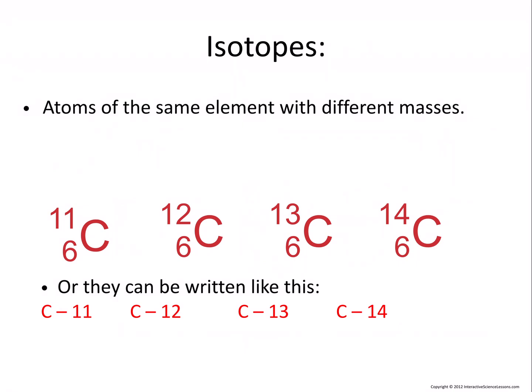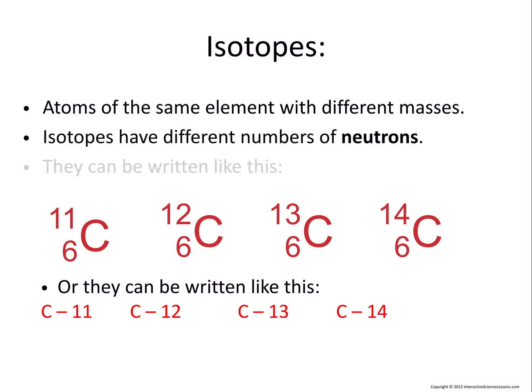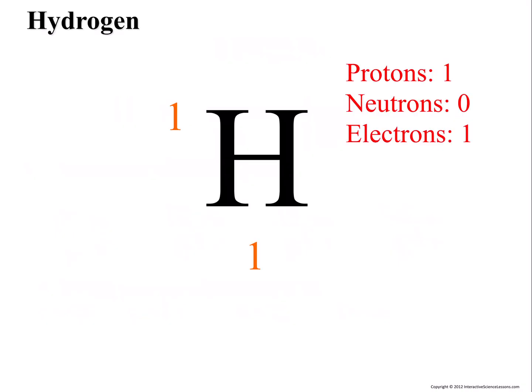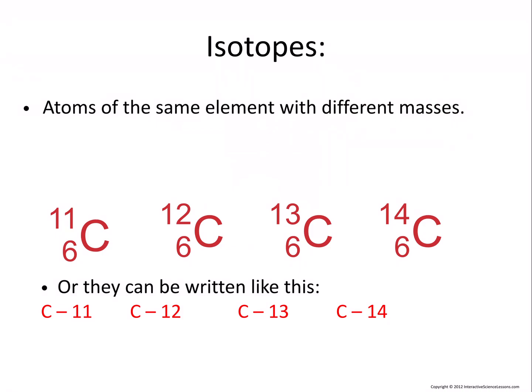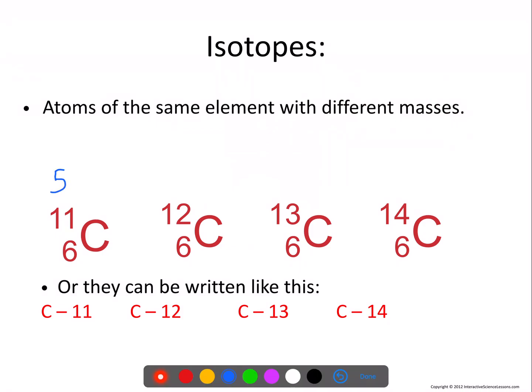Now, let's take a look at these ones here. Atoms of the same element, different masses. You're seeing an example of carbon in the first instance with 5 neutrons, that's what I meant to say, because 6 plus 5, that's the only way you're going to get 11.